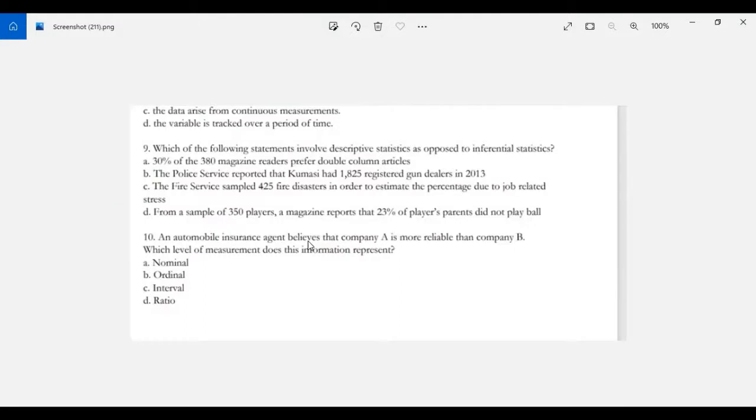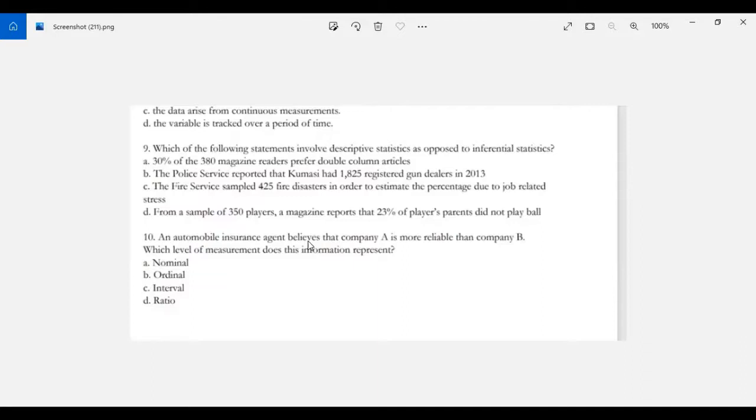Only Agnes is talking. So Agnes, what's the answer? Nominal. Try again. Ordinal. Why? Because they've been able to group, or they are able to tell which one is more reliable than the other. Perfect.